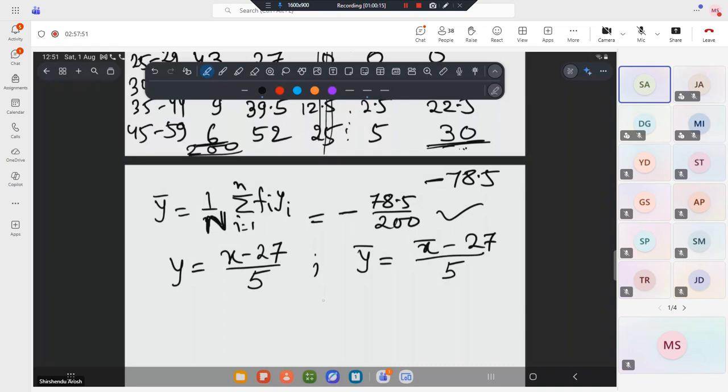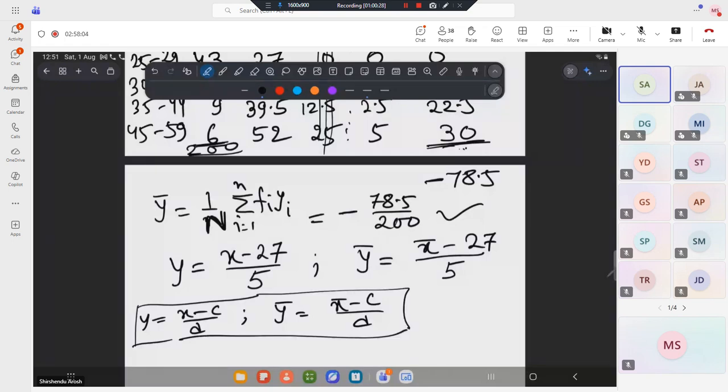So typically I can write: if y is equal to x minus c by d, that means y bar is equal to x bar minus c by d. Again c can be plus, d can be multiplication, either way. So eventually I got this equation.